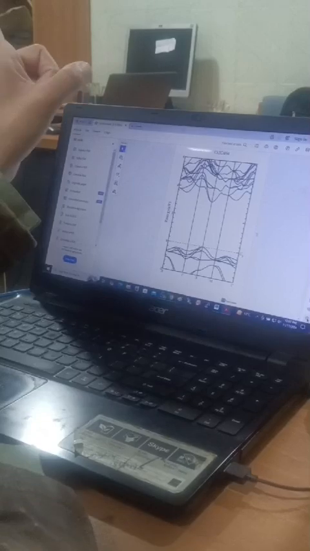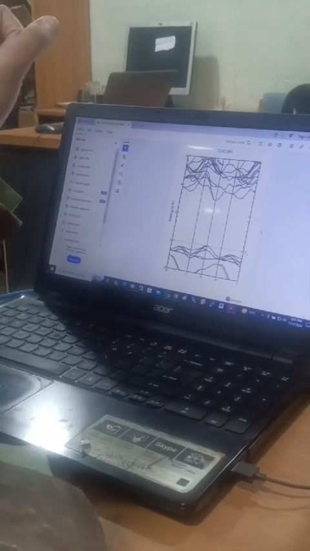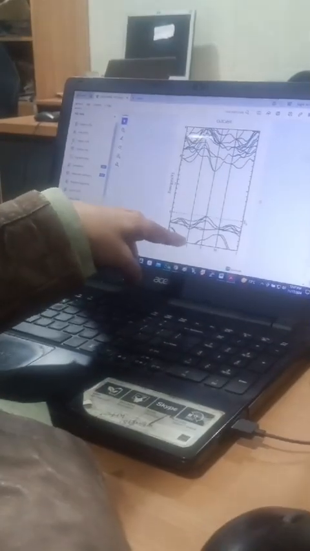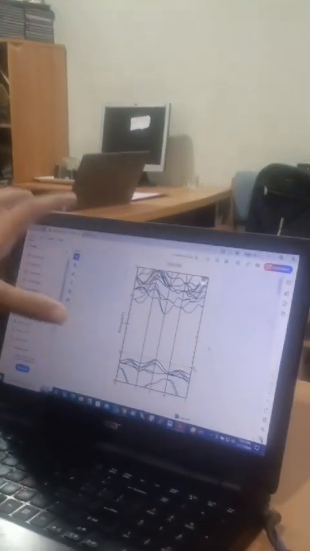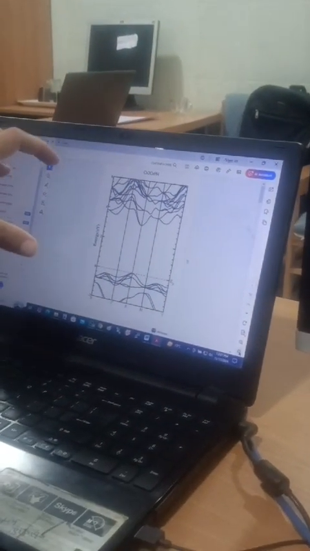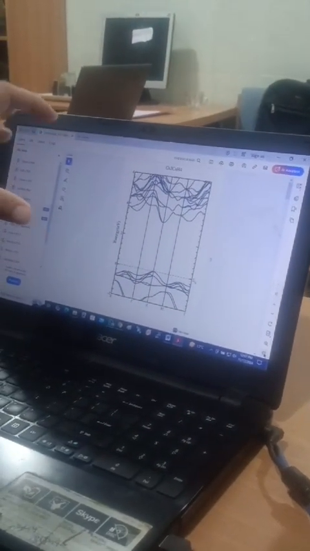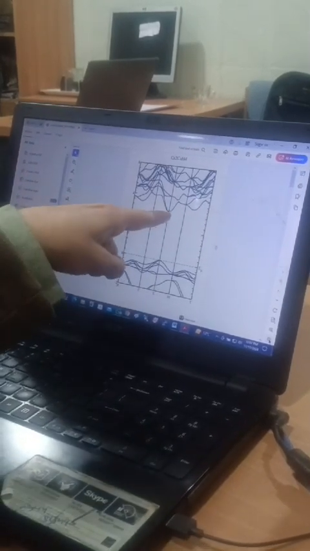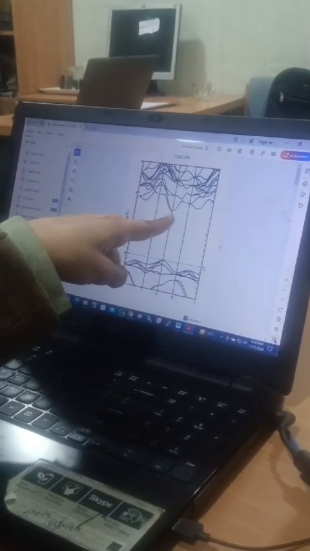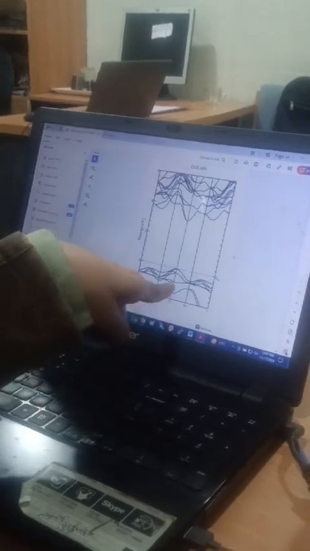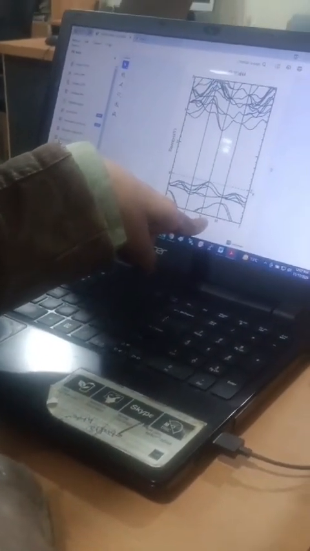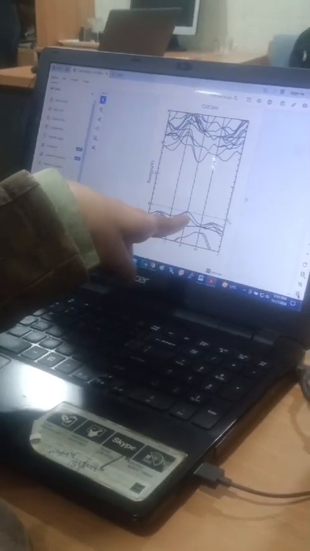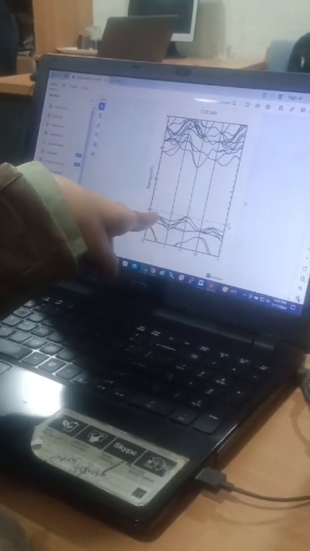If they do not lie at the same symmetric point, we say that the band gap is an indirect band gap. In your case, you can see that the minimum of the conduction band lies at the X point, and the maximum of the valence band also lies at the same point, that is the symmetric point of your Brillouin zone.